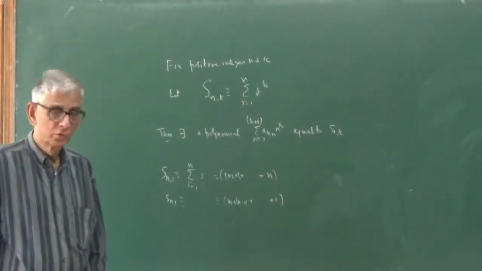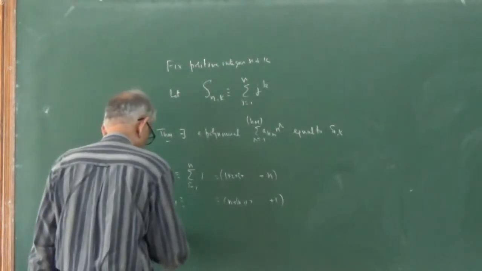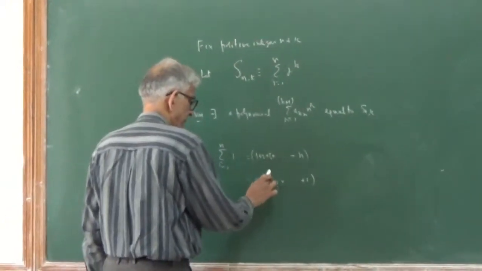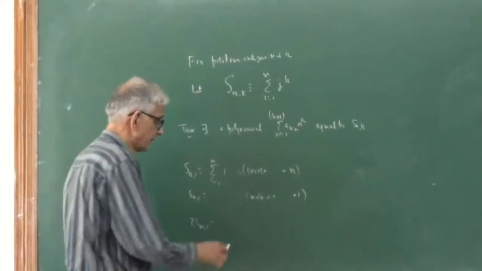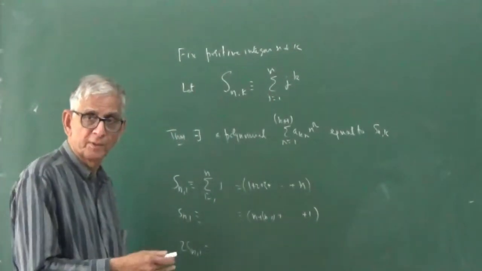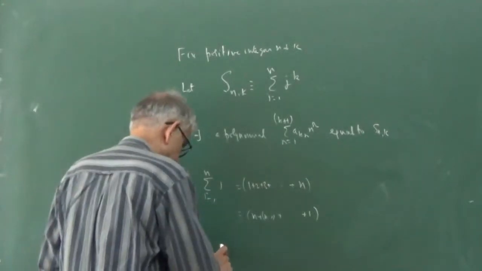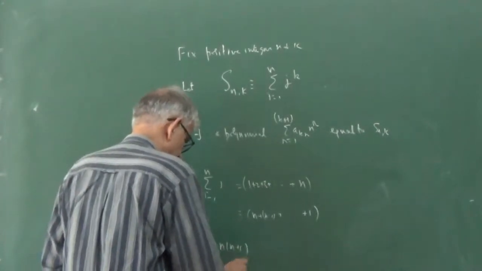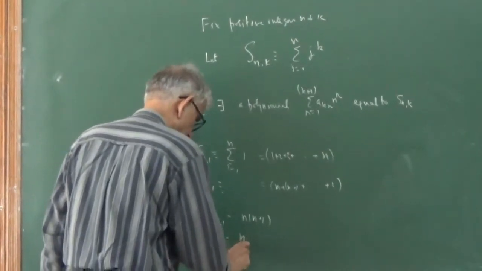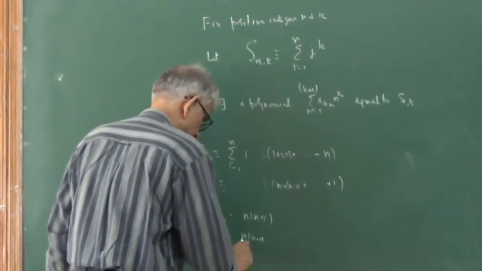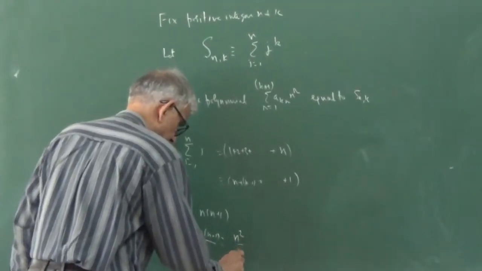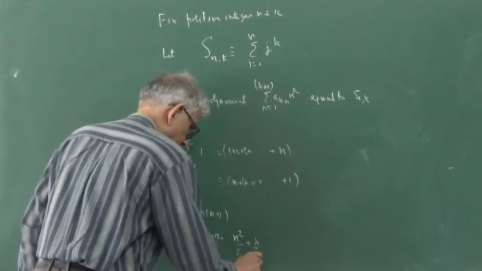If you add the two, then you get 2 times S_n^1 equal to n plus 1, plus n plus 1, and so on. All of them are n plus 1. So it's exactly equal to n into n plus 1. So S_n^1 is equal to n into n plus 1 by 2, which you can rewrite as n squared by 2 plus n by 2.